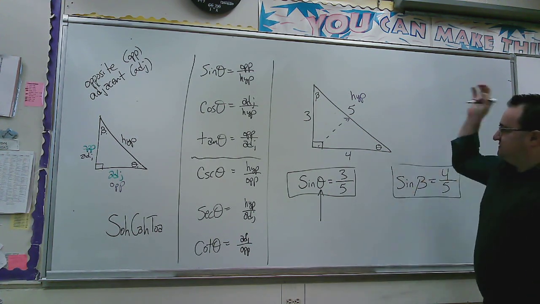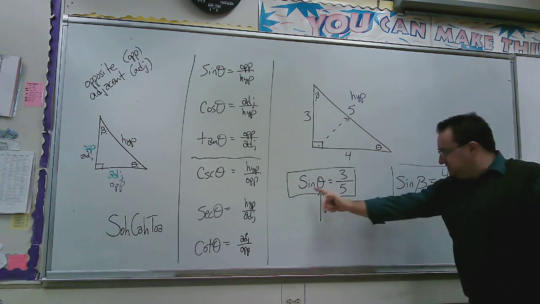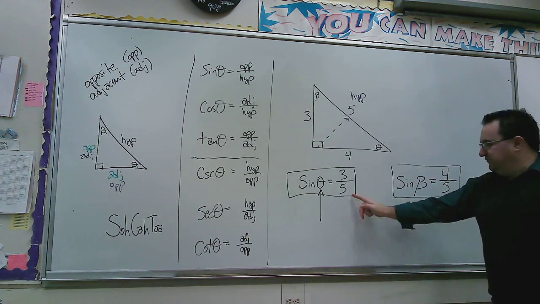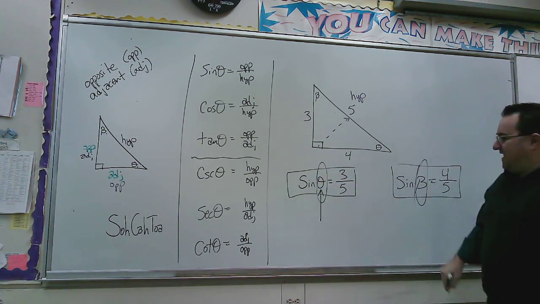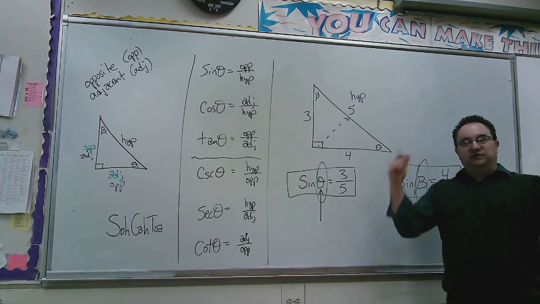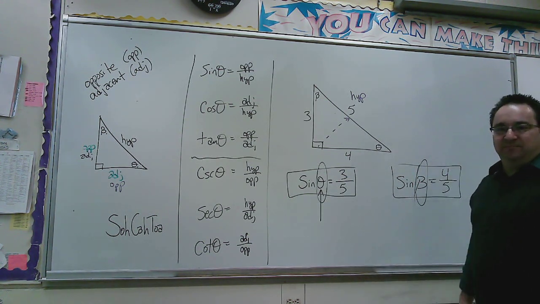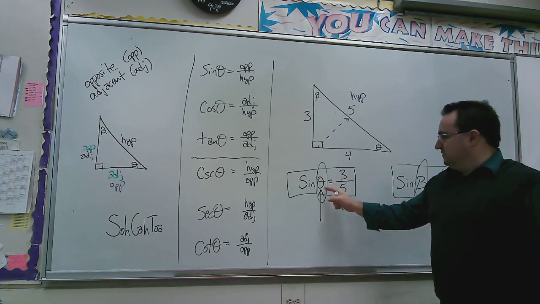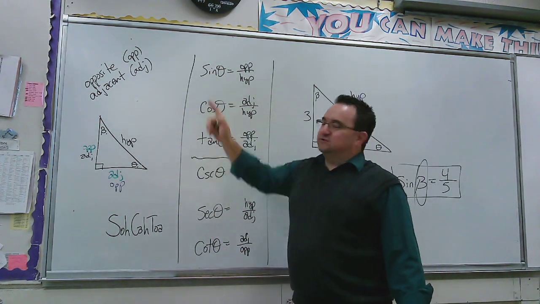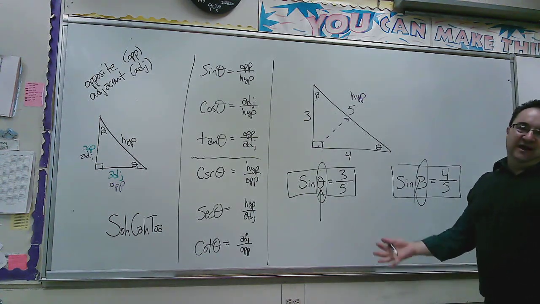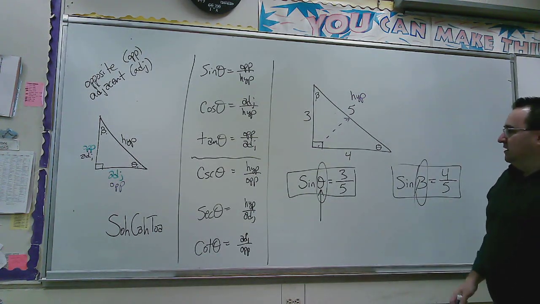See, this is the same triangle. It's the same trig function with 2 different answers. Why? Because of that angle. That angle is hugely important, and the biggest mistake people make at first is they ignore that and focus on these first 3 letters, which you got to focus on both.